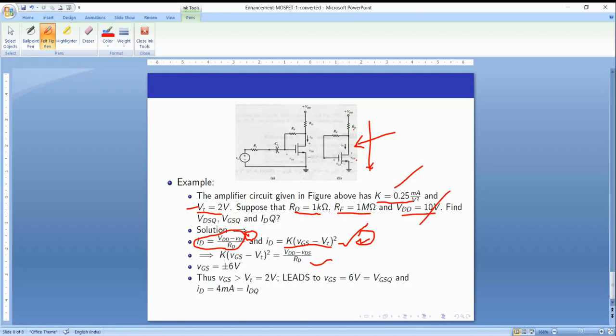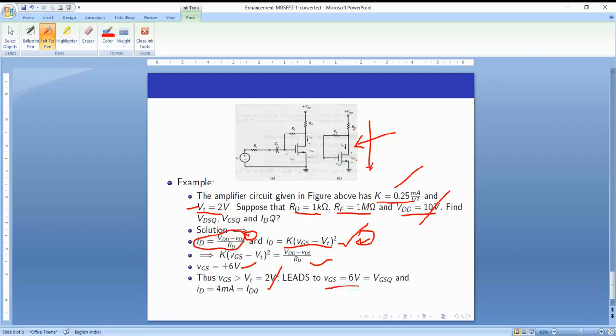Remember, in feedback biasing of MOSFET, VDS is equal to VGS. So the only unknown in this equation is VGS. On simplifying this, we get VGS equal to 6 volts. Whether the assumption of active region operation is correct can be verified, as VGS is greater than 2 volts. So our assumption is correct.